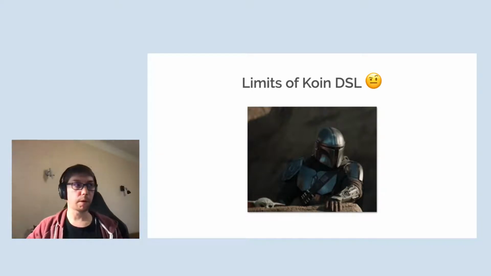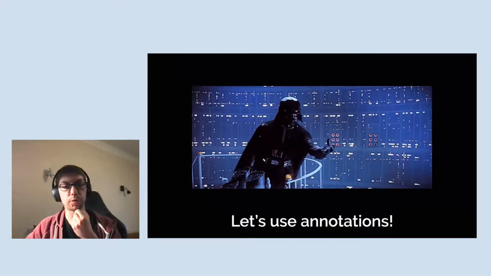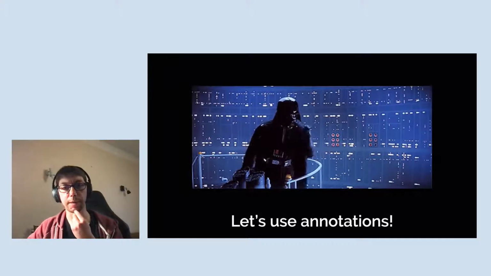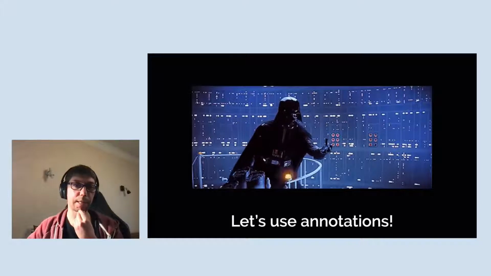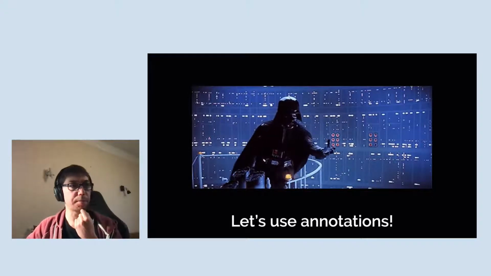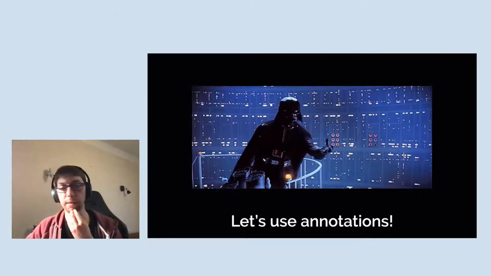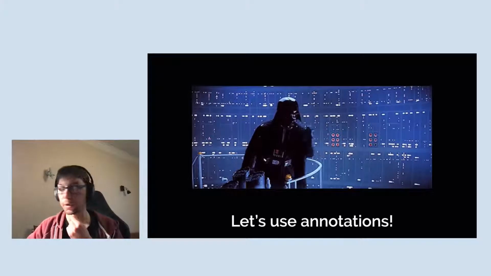This is one of the demands of the Koin community: finally to open Koin to annotation. And finally, can it be the dark side of Koin? Because Koin has always been DSL based, and DSL is the DNA of Koin.